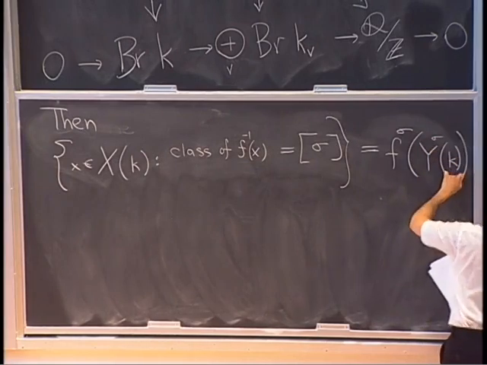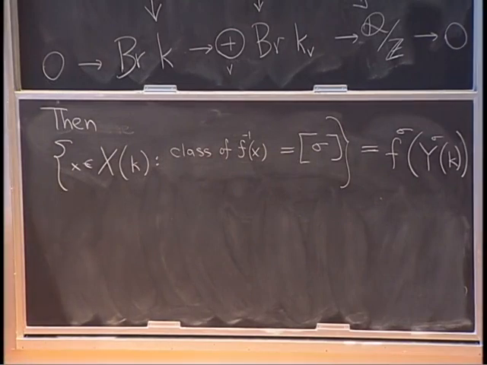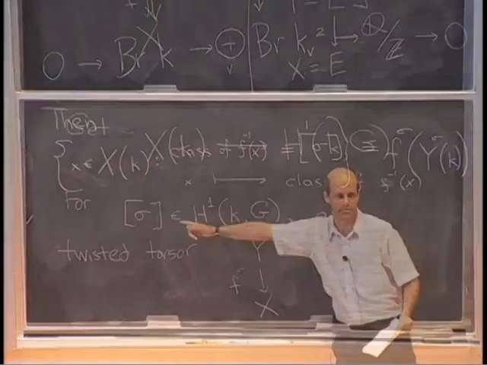Essentially, what this twisting does, at least in the case where G is abelian, is that the classes of the fibers are obtained by taking the class of the original fibers and subtracting sigma from all of them.